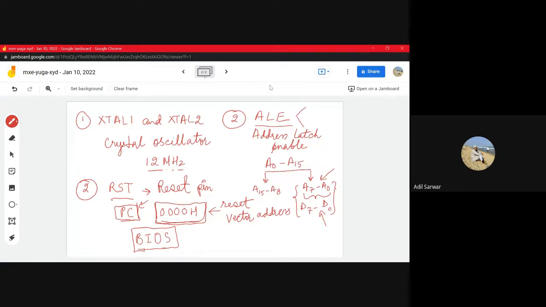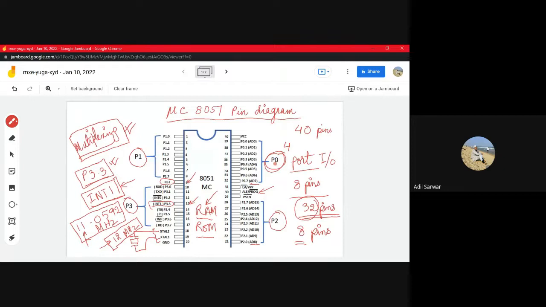If ALE has a value of 1, then the microcontroller is transmitting the address, A7 to A0, through the pins of port 0.